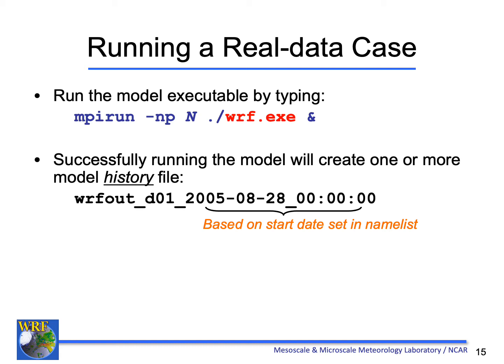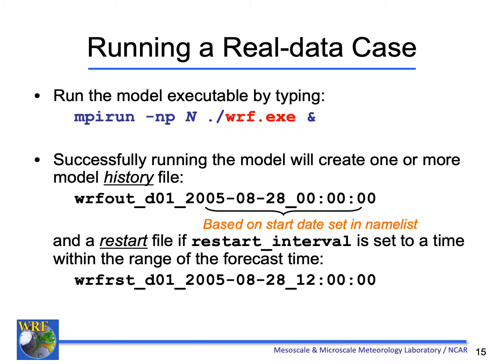It is the solution of the model integration. We may also find a file named WRF RST. This is a model restart file, which can be used to continue a model run, provided we have boundary data that covers the remaining simulation period.